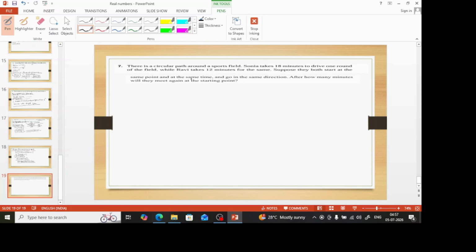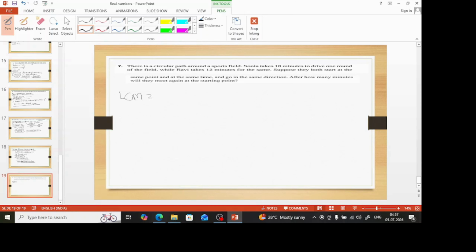Means after 6 minutes, can they meet? Because one is taking 18 minutes and the other is taking 12 minutes, how can they meet after 6 minutes? So surely we are left with the option of calculating LCM.